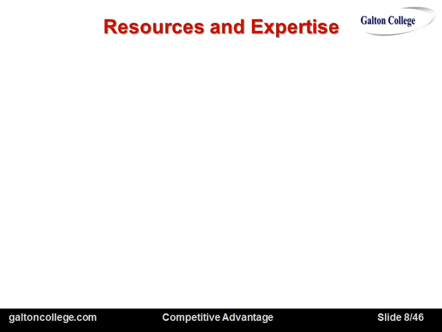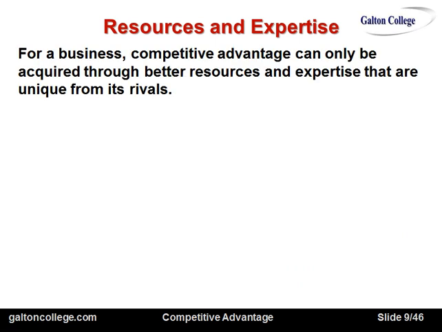Let's talk about resources and expertise for a moment. For a business, competitive advantage can only be acquired through better resources and expertise that are unique from its rivals. So the business should have access to resources which are different to the rivals, and it should be able to configure those resources in an innovative fashion.